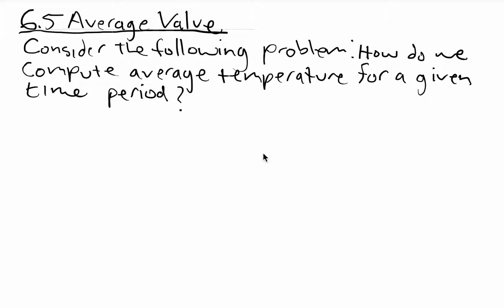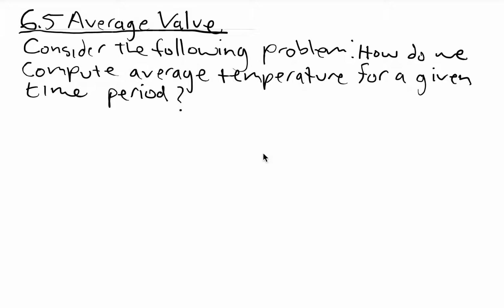I could have picked something different, like average pressure. I picked this one because it's probably something you've run into before, so you hopefully have at least an idea of what you want it to mean.